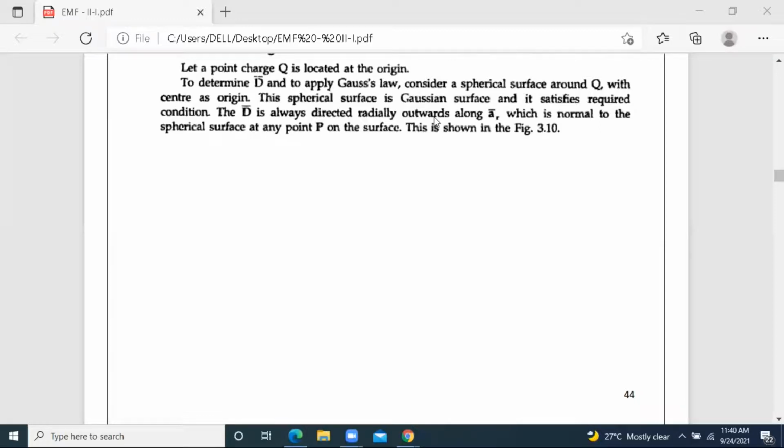Okay. So like I said, for the point charge, to find E or D at any point, we have the standard formula: E equal Q over 4 pi epsilon naught R square AR.